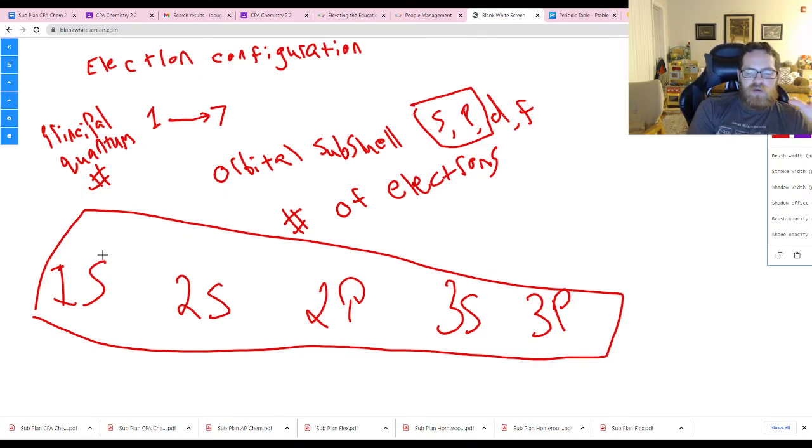The s shells signify areas. You can think of them as rooms or houses for the electrons that can hold 2 each. The p orbitals can hold 6 in total.